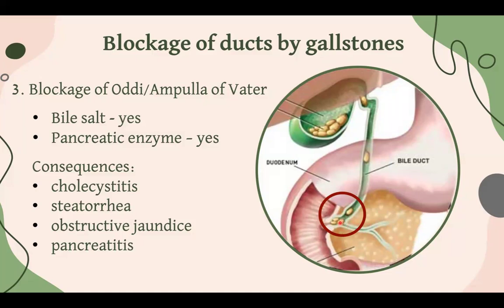Again, because it's blocking, bile accumulates and causes inflammation of the gallbladder, cholecystitis. Lipid does not get absorbed, it gets excreted in the feces, that's called steatorrhea. And again, bilirubin accumulates, that causes obstructive jaundice. And because pancreatic enzymes don't get released, they accumulate in the pancreatic ducts and start eating away the pancreas, and this leads to inflammation, called pancreatitis.